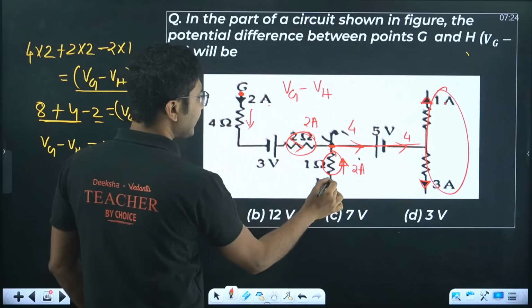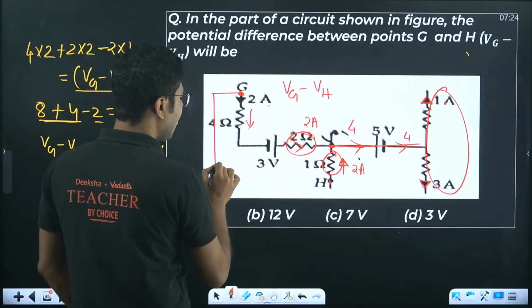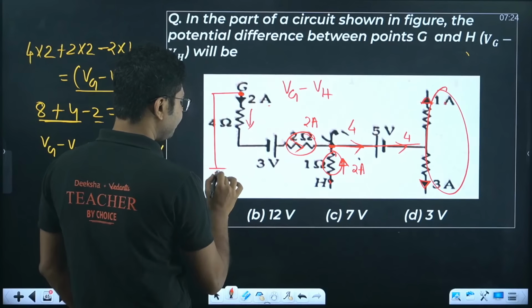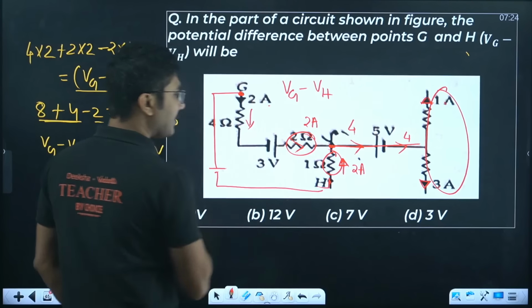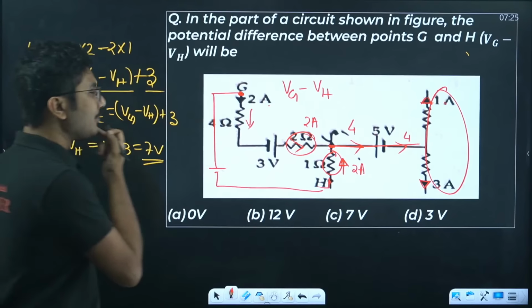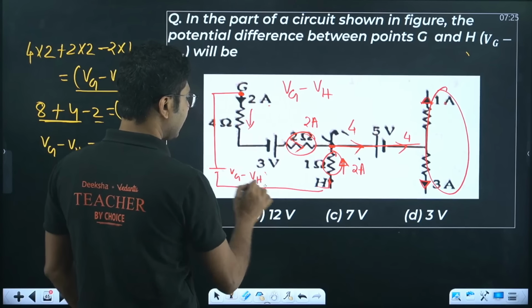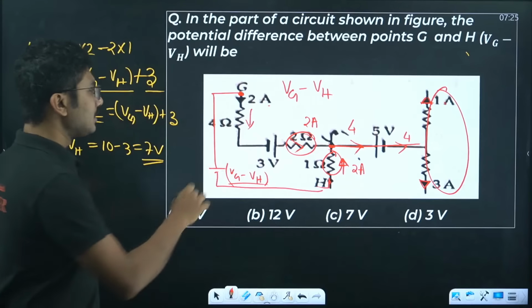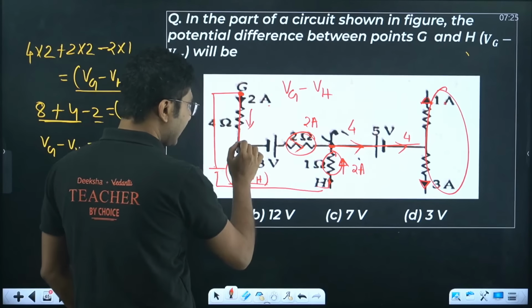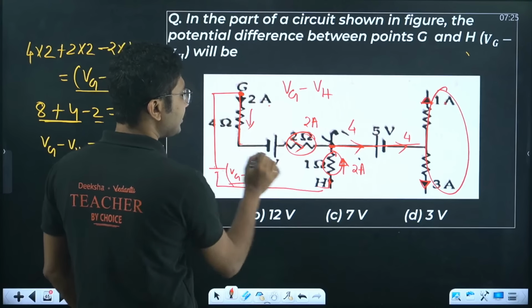Vg here, Vh here. If you are confused, you can add an imaginary battery like this, and say that there is a battery of Vg minus Vh over here. This battery is sending current in this direction. Obviously, Vg minus Vh means G to H.